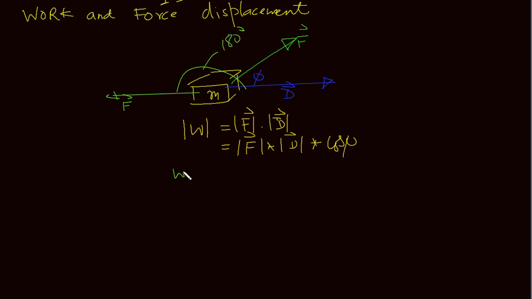So work in this case will become force multiplied with magnitude of displacement multiplied with cos 180 degrees, and this is minus magnitude of force multiplied with displacement.